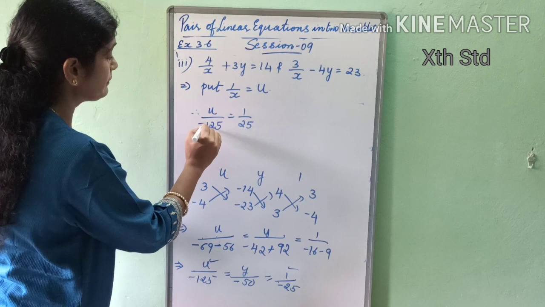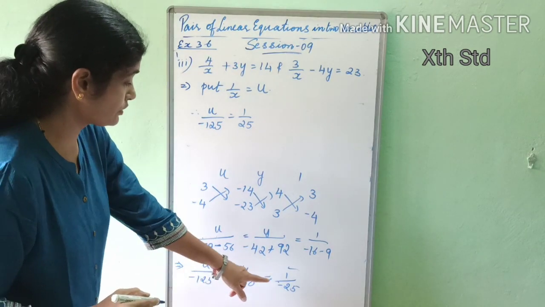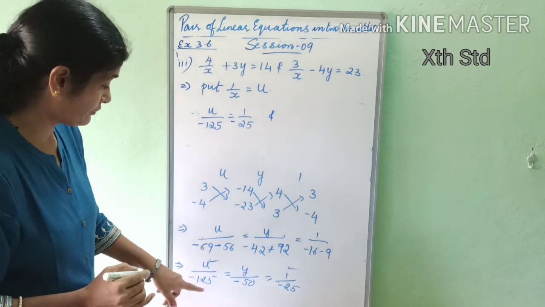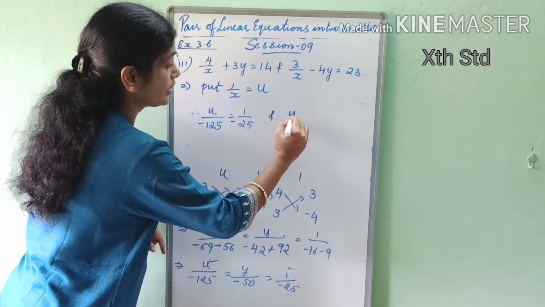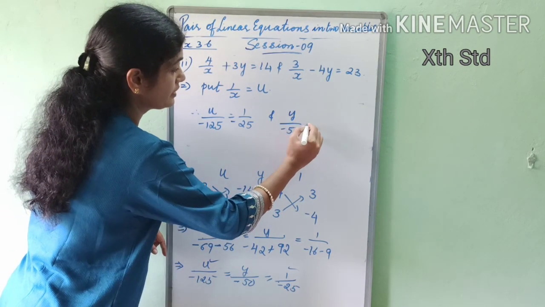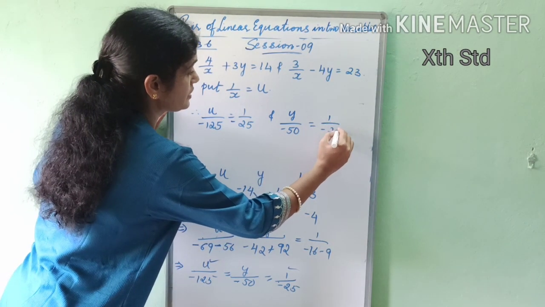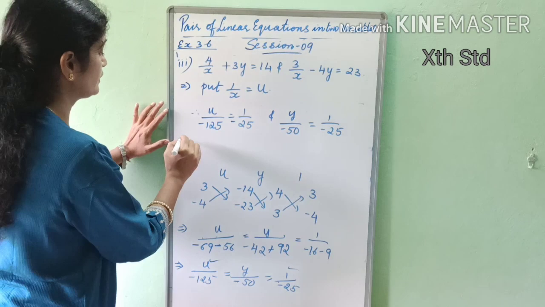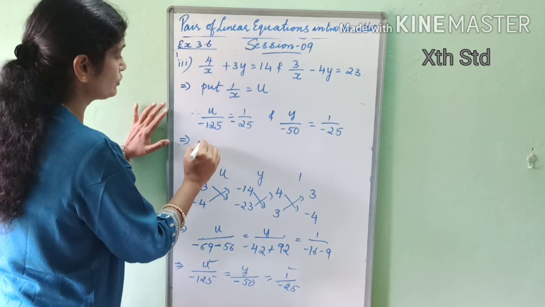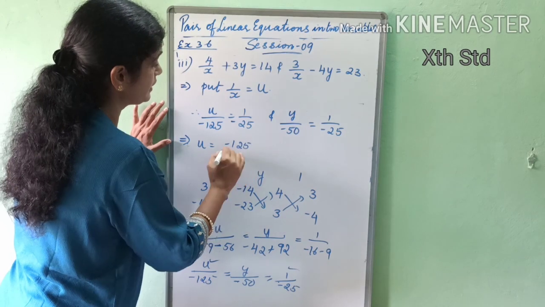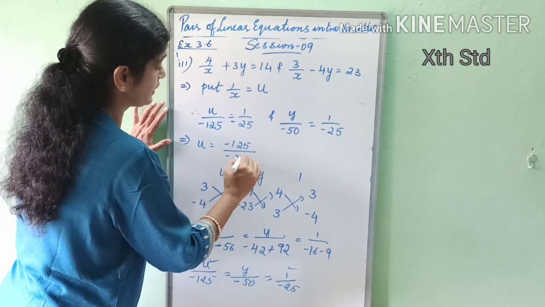So u by minus 125 is equal to 1 by minus 25, and y by minus 50 is equal to 1 by minus 25. Fine. Therefore, which implies u is equal to minus 125 by minus 25.